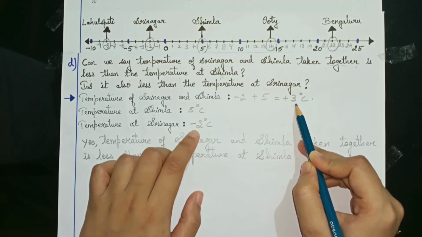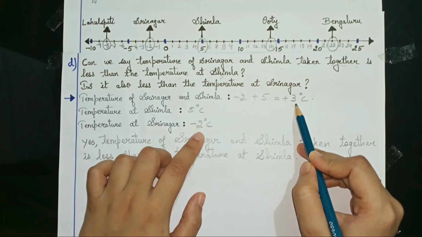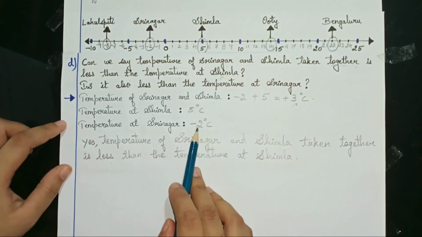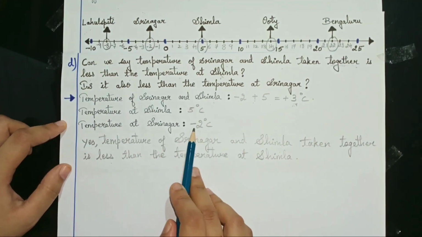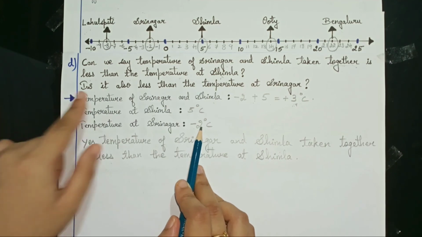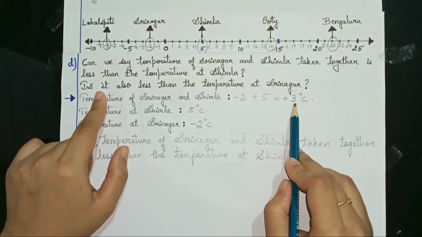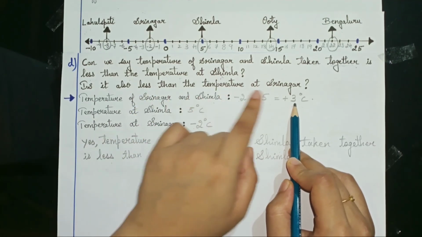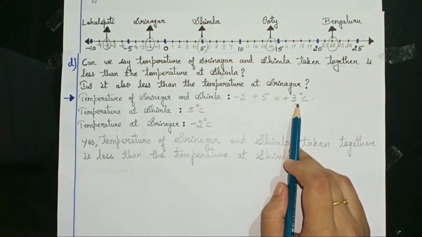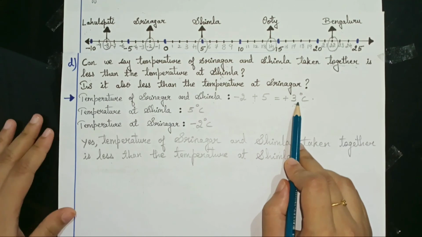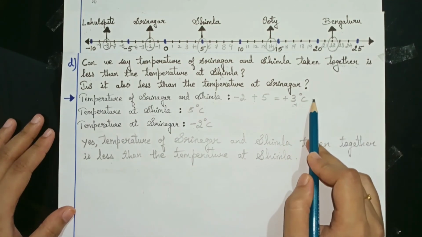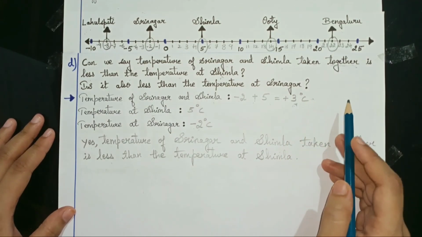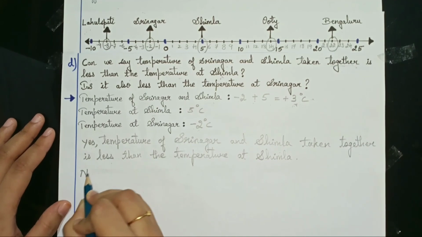Obviously the minus one. The integer with a minus sign will have the lesser value, correct? So -2 is less here. So, is the temperature of Srinagar and Shimla also less than the temperature at Srinagar? We have to say no, because this has become higher now, it is not less, it has become greater. So you have to write no.